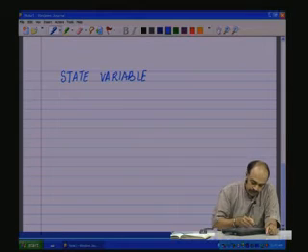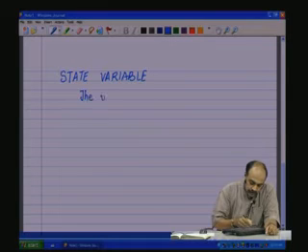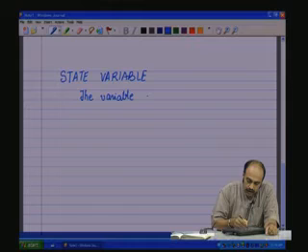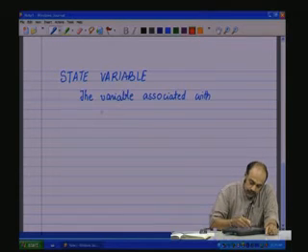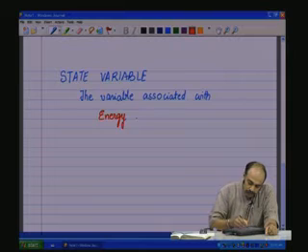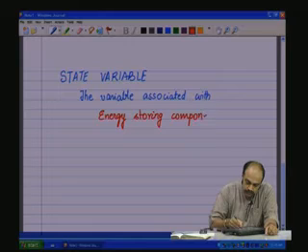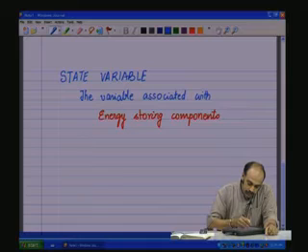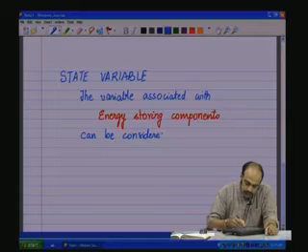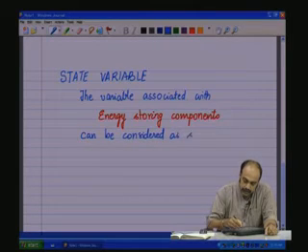So, in short, we can say the variable associated with energy storing components can be considered as state variable.